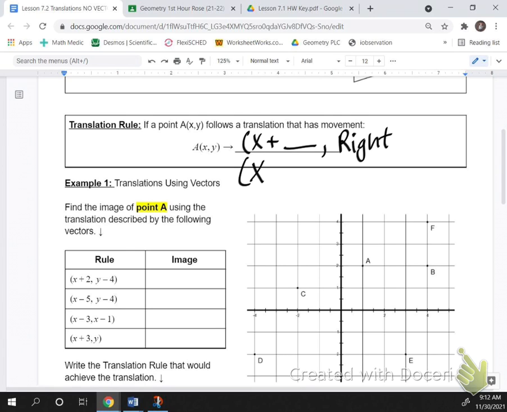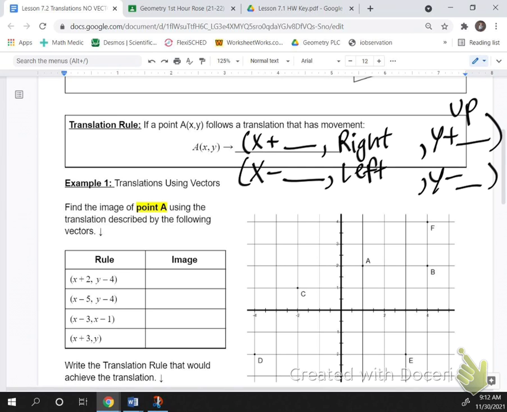When I have x minus a number in my coordinate pair, we'll be moving left. You're going to see where y values are adding something. How's that going to move in my graph? If I add something to my y value, up. If I subtract something from my y value, we're going to go down. And we're going to see that here in just a minute.